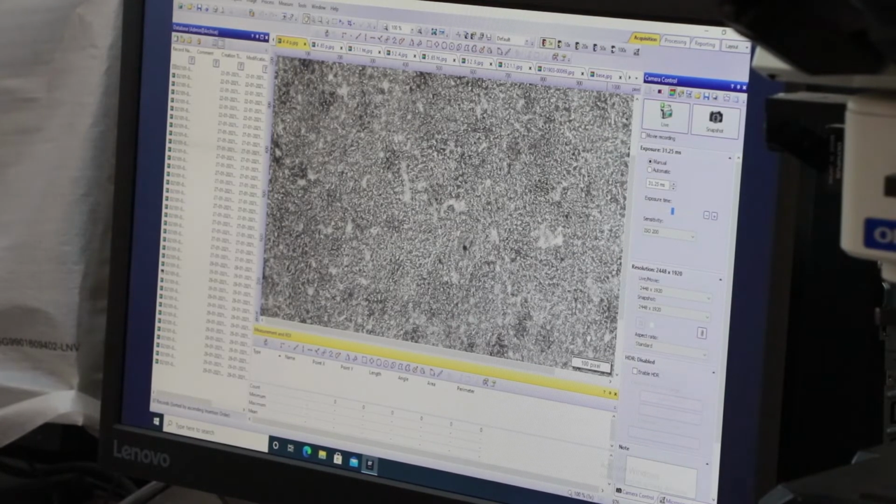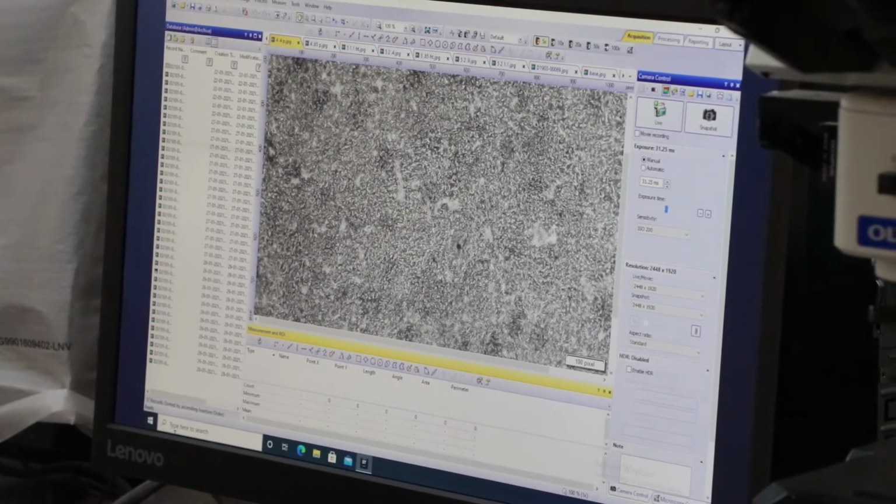We define these from this microstructure.